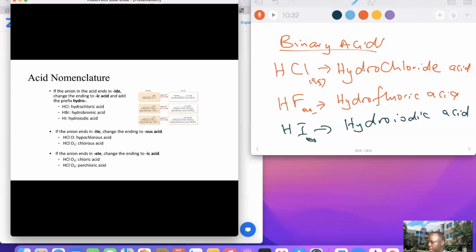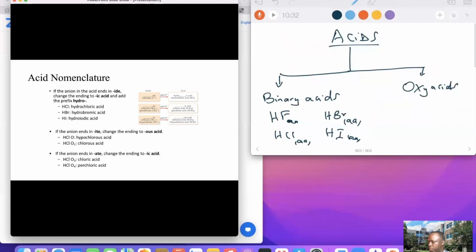Now, for oxy acids, this portion of this one, they must have oxygen, they must have hydrogen, they must have AQ. These are the signature things I'm looking for. There is a polyatomic ion involved in the acid.